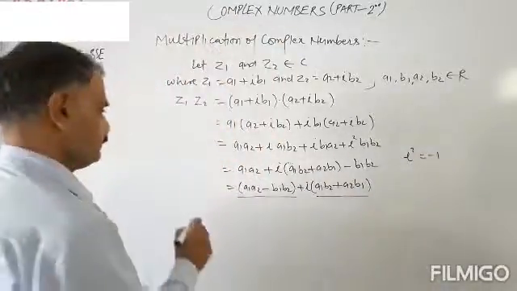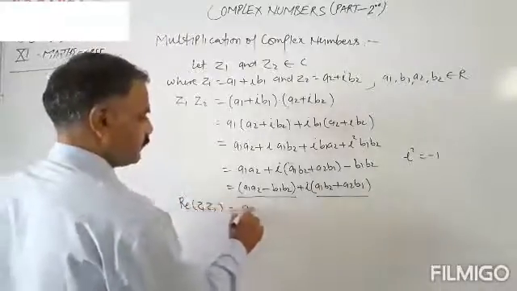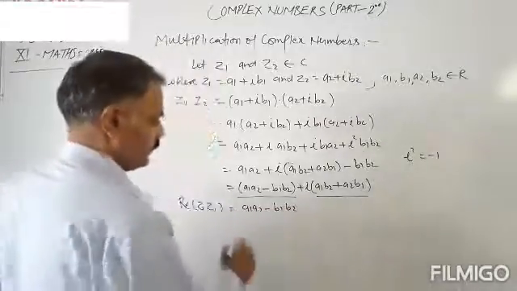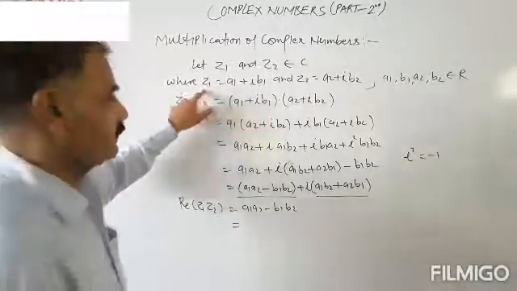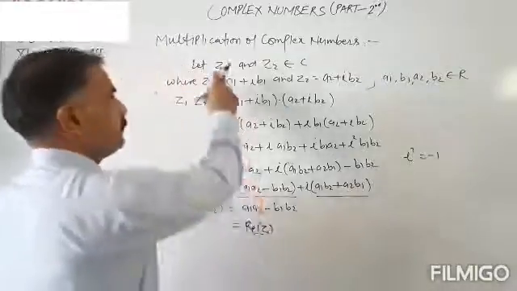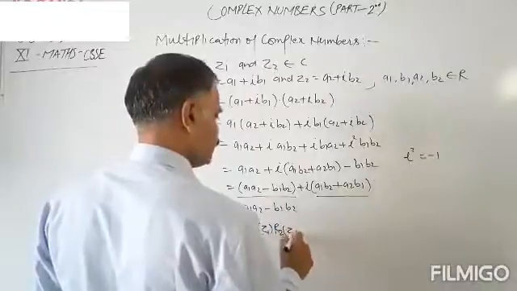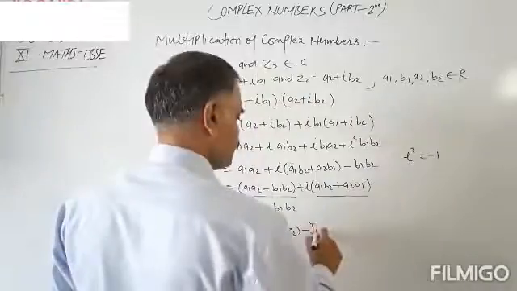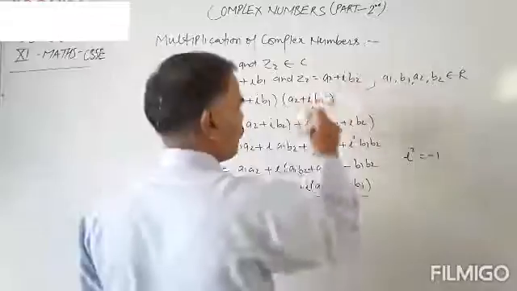Okay, so here the real part of Z1 Z2 is equal to A1 A2 minus B1 B2. Here A1 is the real part of Z1 and A2 is the real part of Z2, minus B1, the imaginary part of Z1, and B2, the imaginary part of Z2.